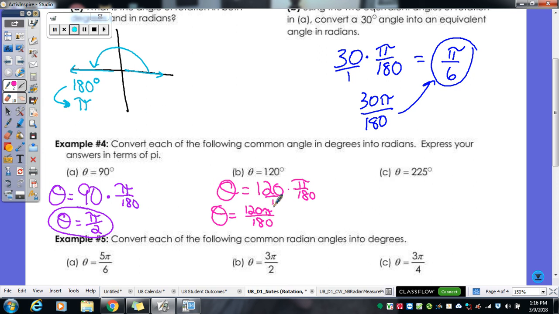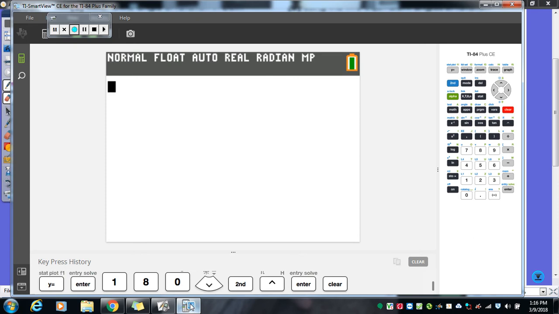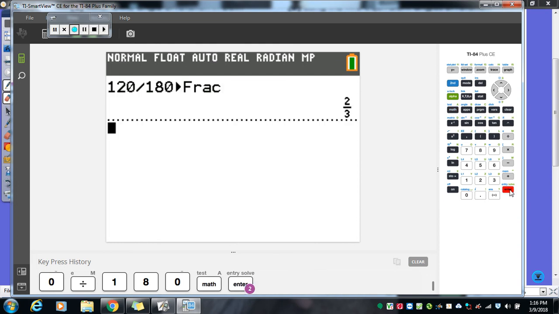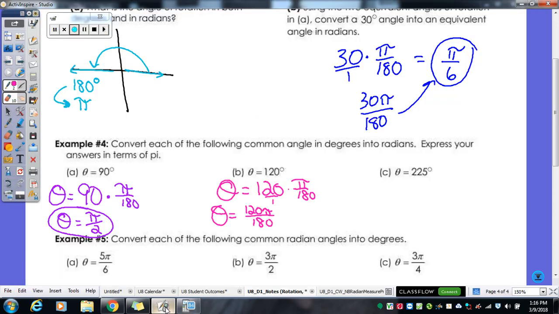You can use your calculator to help you reduce. So I'd go to my calculator, and I would do 120 divided by 180. And then I push math, enter, enter, and it would reduce it to 2/3. You just got to remember to put your pi with your numerator. So this would be 2 pi over 3 radians.